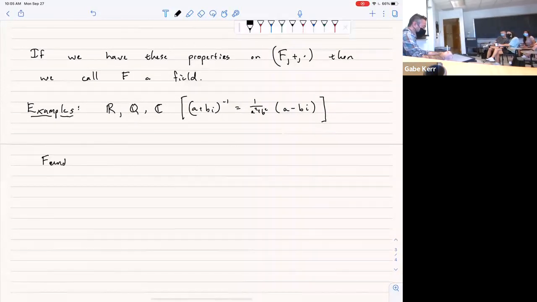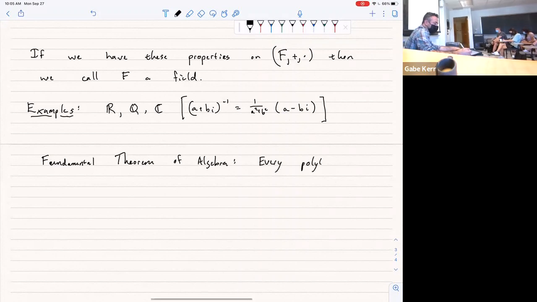Let me just state it for your knowledge. Every non-constant polynomial with coefficients in C, the complex coefficients, has a solution, possibly complex.